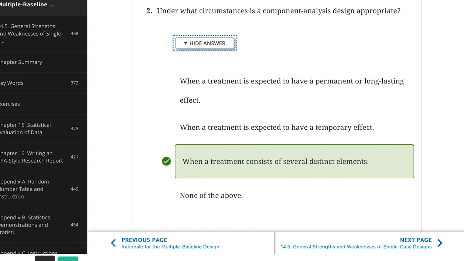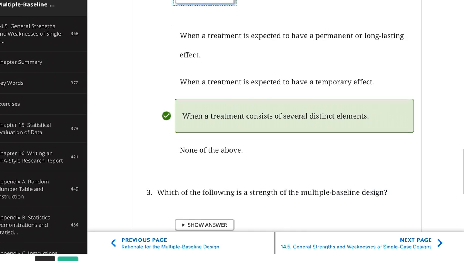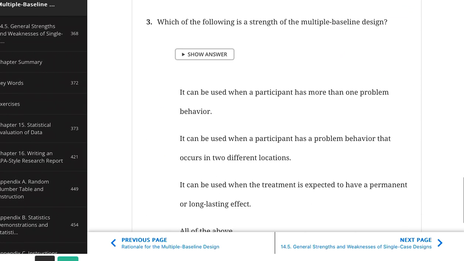The top answer, when a treatment is expected to have a permanent or long-lasting effect, is when you would want to use a multiple baseline design. And when a treatment is expected to have a temporary effect, you would use the reversal design, just to make sure you guys understand what's going on there.